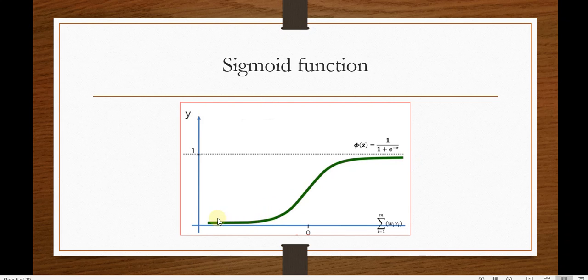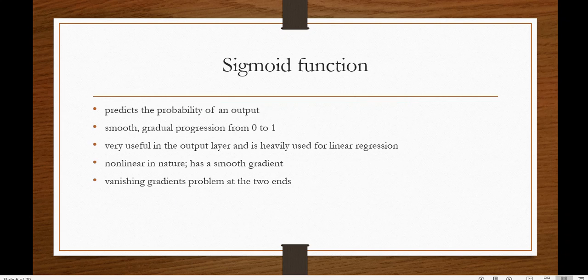If I reduce the value of x, going in the negative direction, the y value will be the same. So that is called the vanishing gradient problem. So at both ends you have the vanishing gradient problem. Otherwise it has a smooth gradient, and it is generally used in the output layer of the neural network.